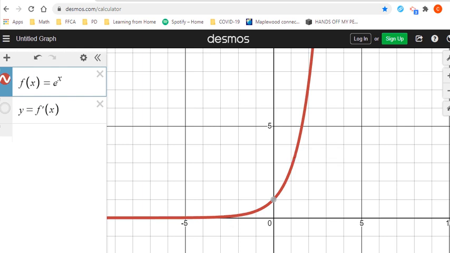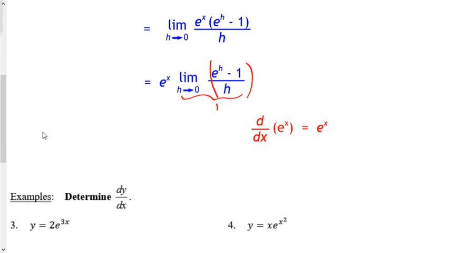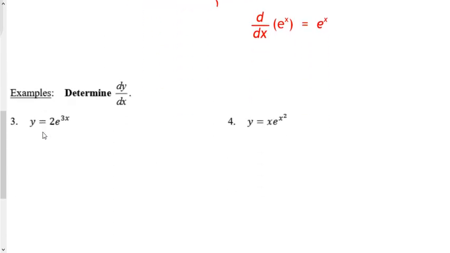Well, this may become your favorite derivative of all the derivatives we've done so far. Let's look at a few examples where we will apply our understanding of all the different rules, but now introducing this derivative that we have here. So, question number 3.